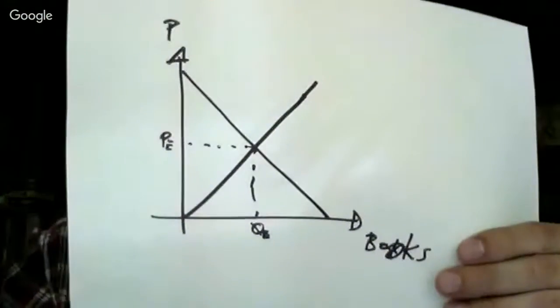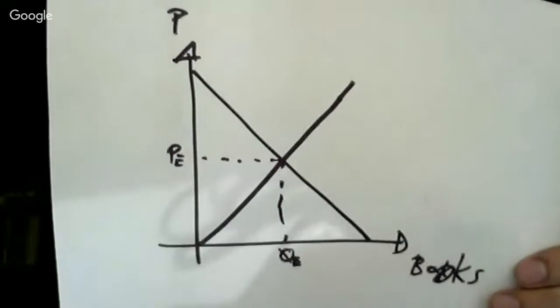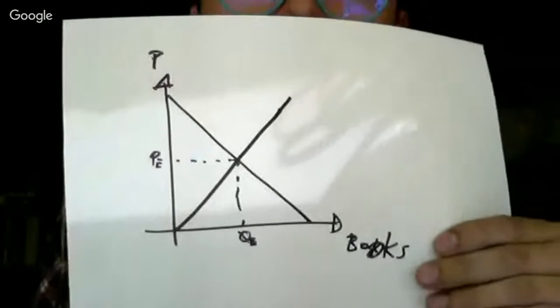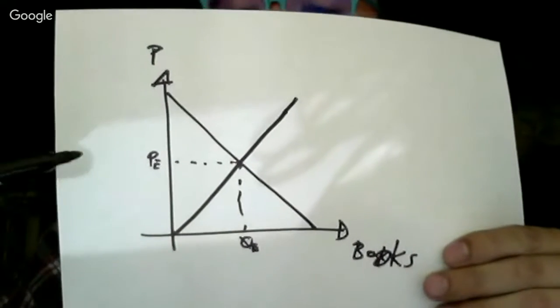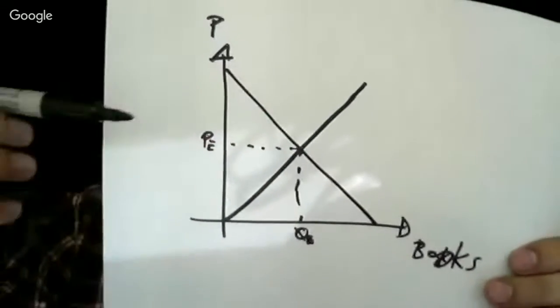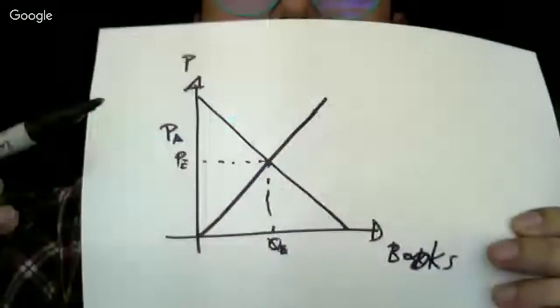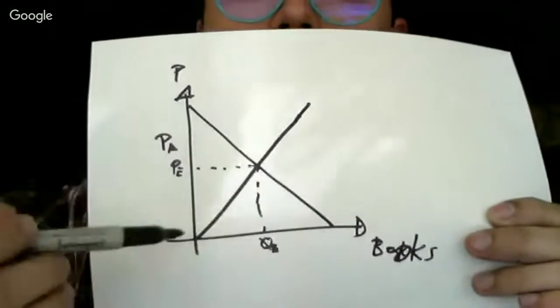So if for some reason the price for books increases, let's say to PA, so we're going to have PA in here, we are going to move along the demand and the supply curve.